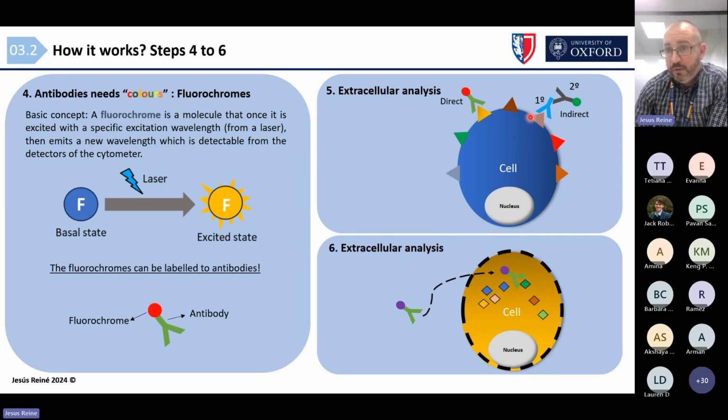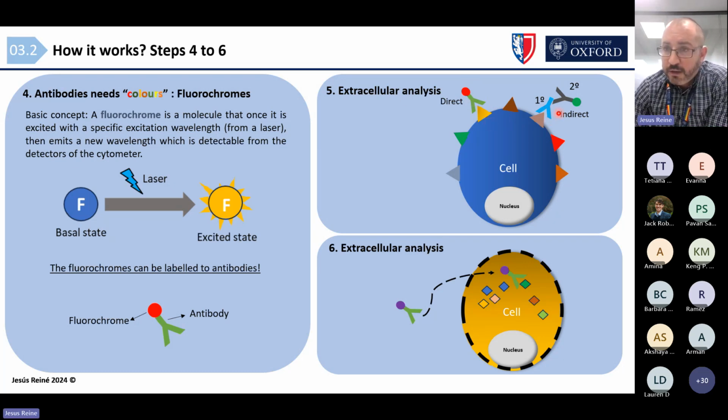which can be located on the surface of the cell or inside. So basically, when we do extracellular analysis, this is when we analyze the proteins or antigens located on the surface of the cell, we usually use an antibody conjugated with a fluorochrome. When these cells are exposed to the laser, the fluorochrome becomes excited, and this signal is detected by the detectors of the cytometer.